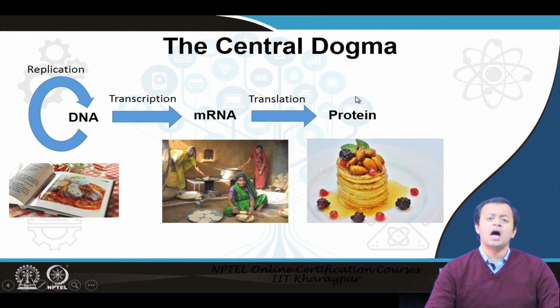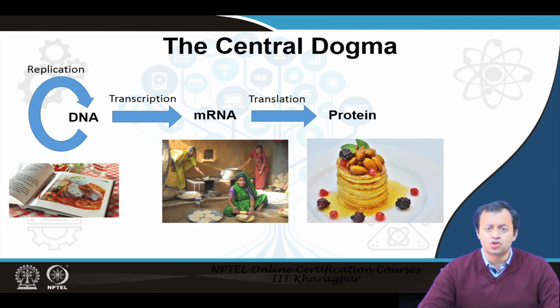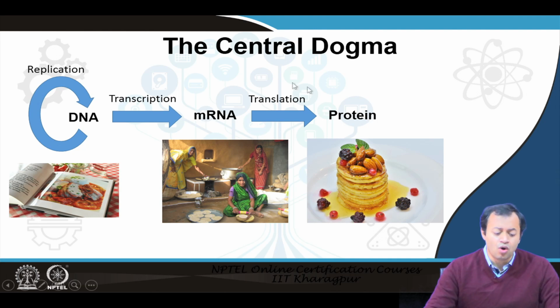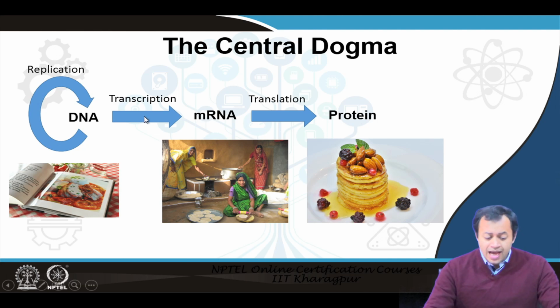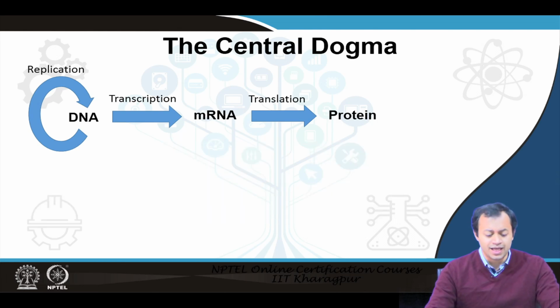All these are quite a detailed endeavor, and I have asked you to look into the animations, which is, in my opinion, one of the best ways to understand what exactly is going on in between. I am going to skip the entire detail of how DNA gets converted into RNA and how RNA gets converted into proteins, but I will just give you a glimpse of what exactly it is.